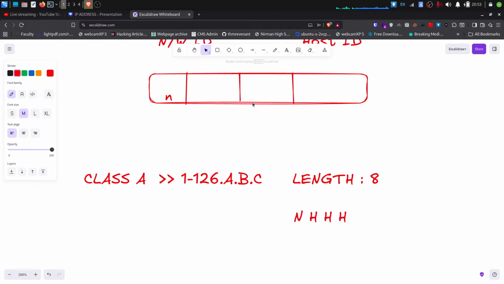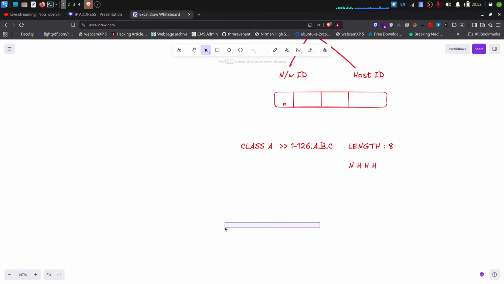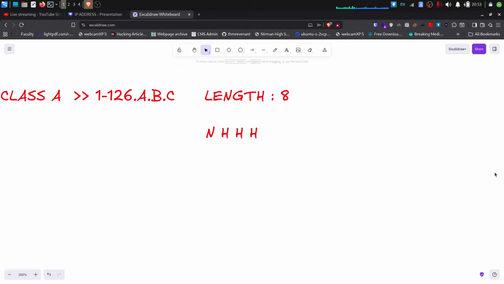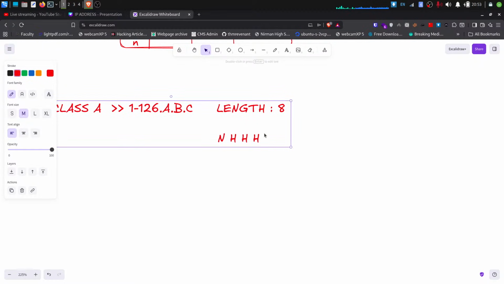As we already know this is how it is divided. So this is the breakdown for class A, and to identify this you can do 2 to the power 8, three times.